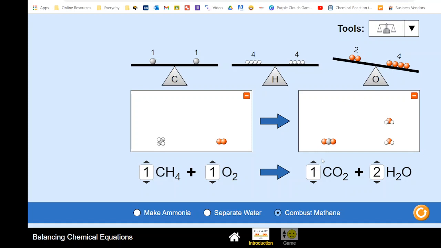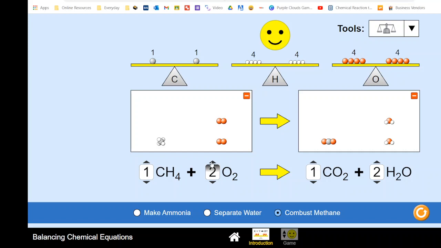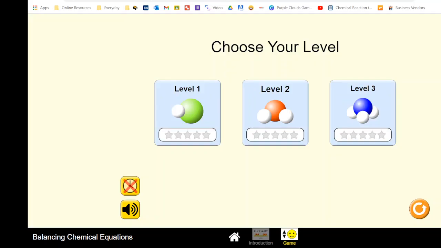On the right side, there is 4, and on the left side, there is 2. We have to increase the molecule that has oxygen until it is balanced. Now, with equal numbers of oxygen, carbon, and hydrogen, we have balanced this equation with coefficients of 1, 2, 1, 2. This is just our precursor, or basically our intro into this for the game.